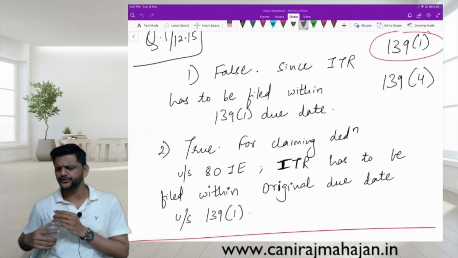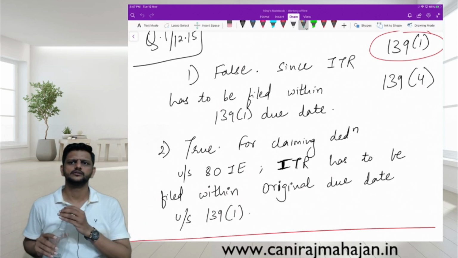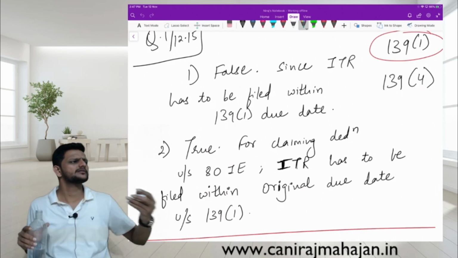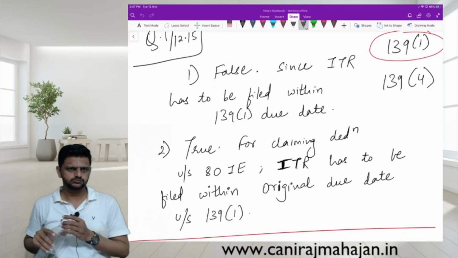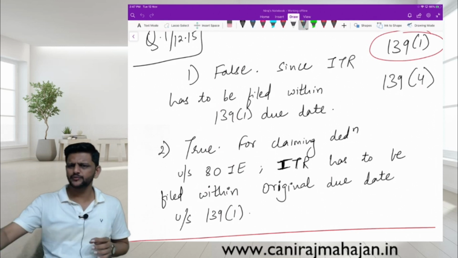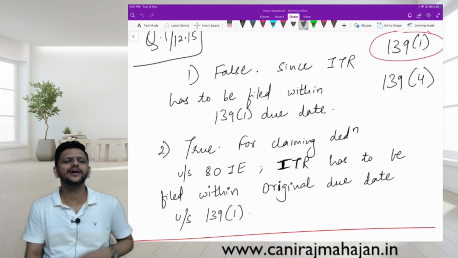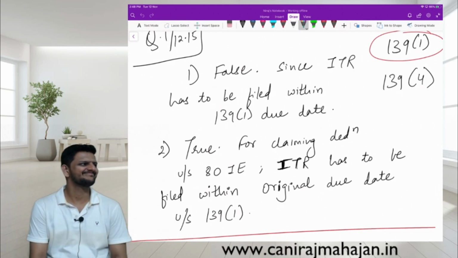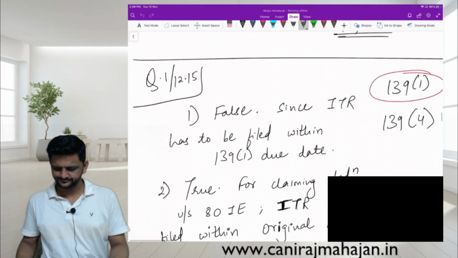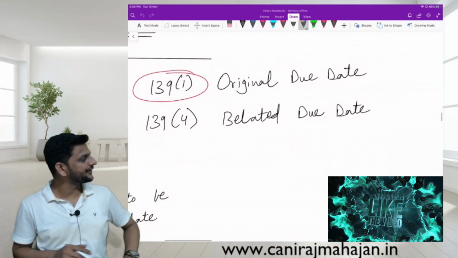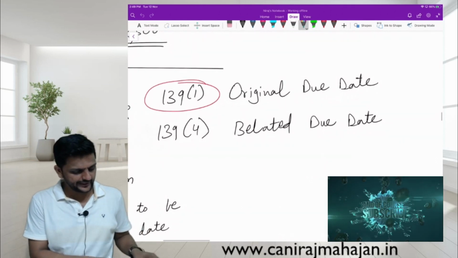So there are two due dates. 139, have you understood a little bit? What is 139? ROI due date. There are some subsections which we will see later on. You may write it in your notebook also. 139(1) will be your original due date, and 139(4) is your belated due date.